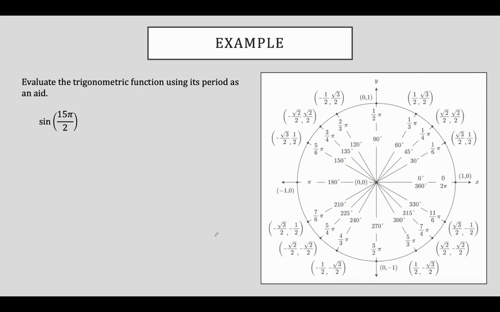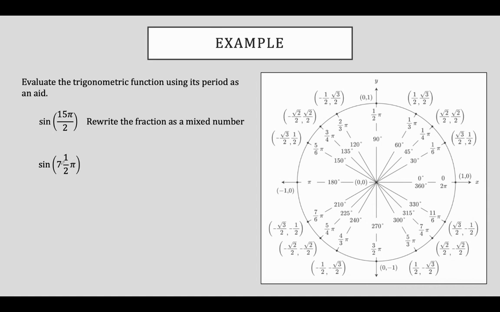All right, the sine of 15 pi over 2. Again, we have an angle, this being greater than 2 pi. So rewrite the fraction as a mixed number. How many times does 2 go into 15? Well, it goes in 7 times, and there's a remainder of 1. So sine of 15 pi over 2, that's the equivalent of the sine of 7.5 pi.